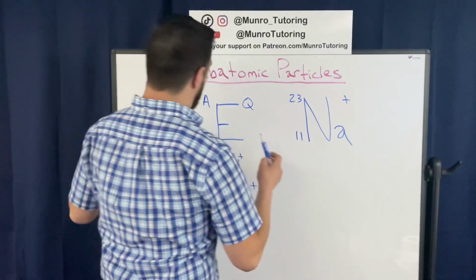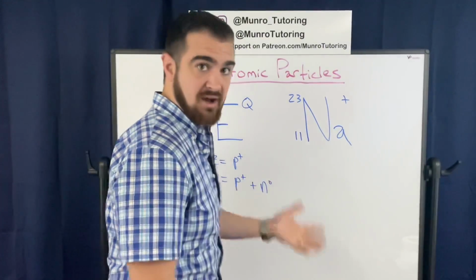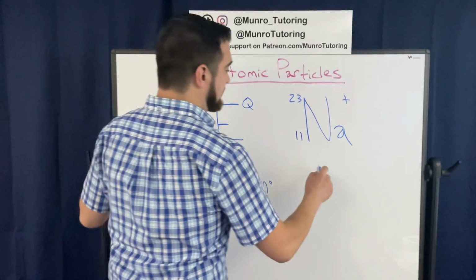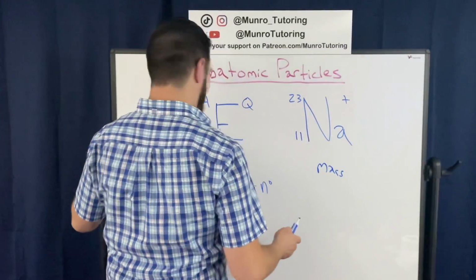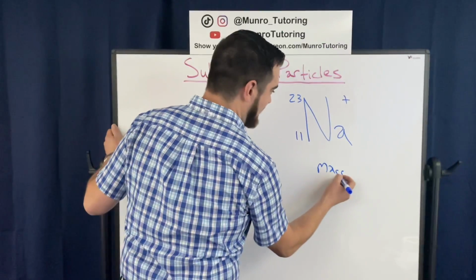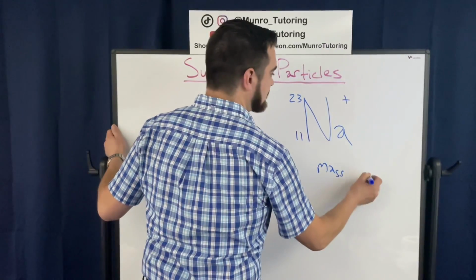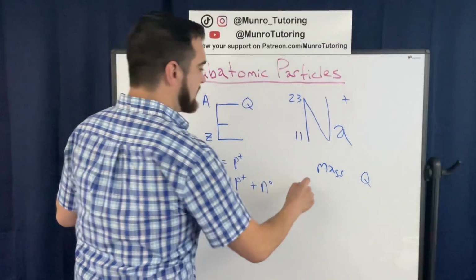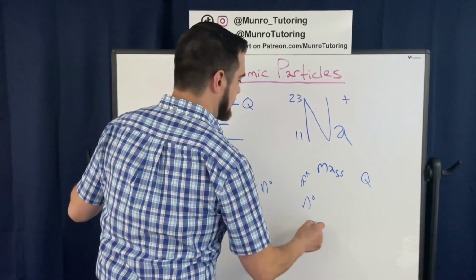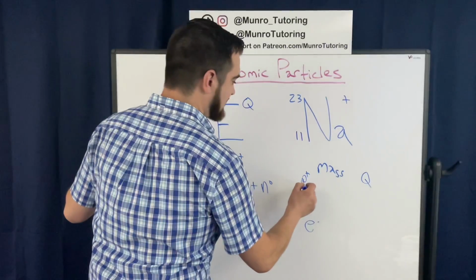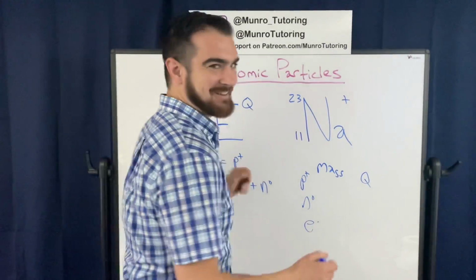And then a neutron has approximately the same mass. So if we look at mass, and then let's do charge over here. And we have protons, neutrons, and electrons.